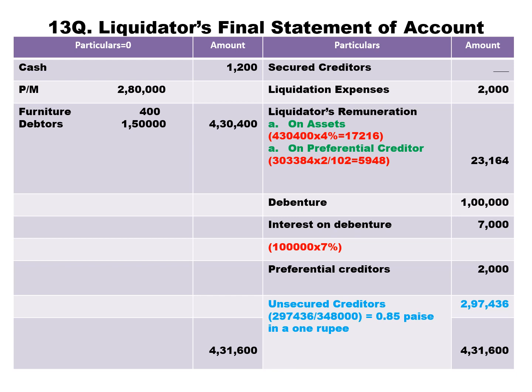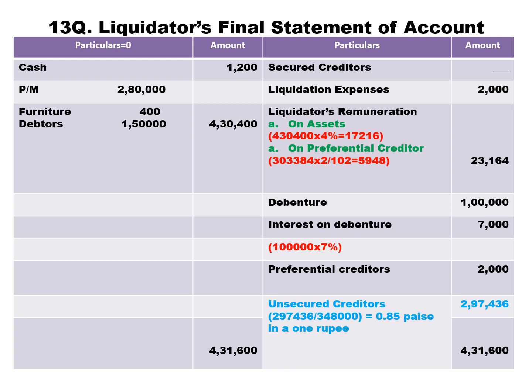So take it separately. Then we have plant and machinery 2,80,000, furniture 400, debtor 1,50,000. Total assets realized is 4,30,400. And on the payment side, secured creditor, nothing, we don't have in the question. Liquidation expenses is 2,000.